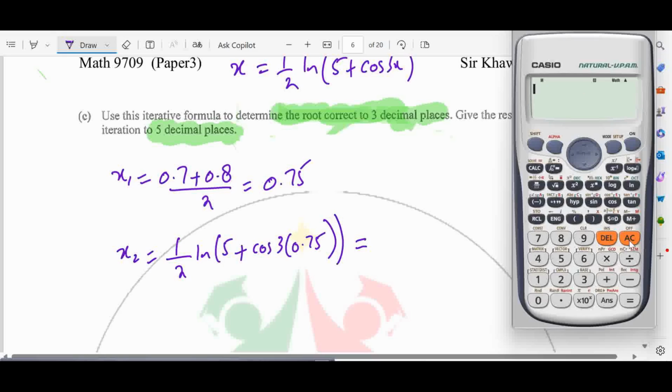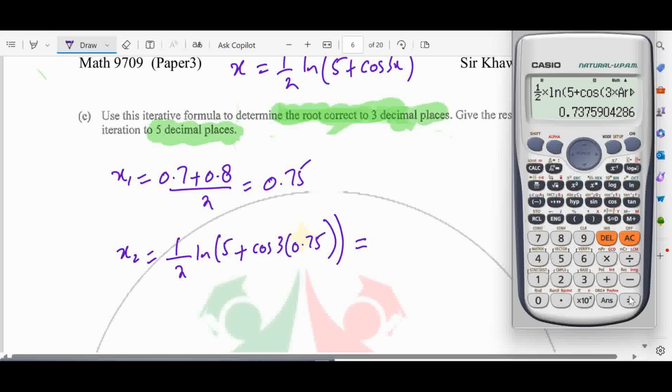So type 0.75, press enter, and then write 1 over 2 multiplied by natural log of 5 plus cos of 3 multiplied by answer, close brackets.